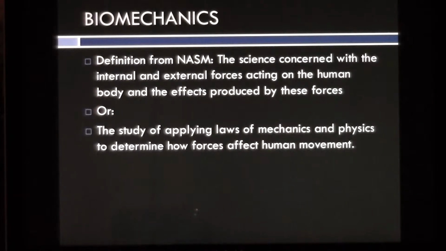The definition of biomechanics is the science concerned with the internal and external forces acting on the human body and the effects produced by these forces, or the study of applying laws of mechanics and physics to determine how forces affect human movement. Basically, just to sum it up, it's analyzing how the human body moves.